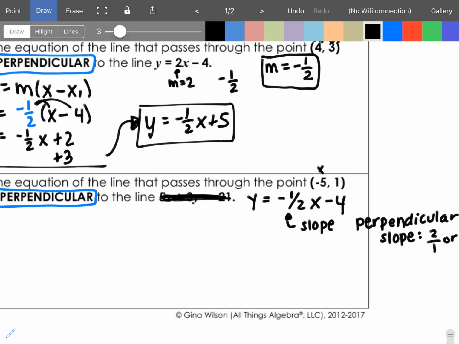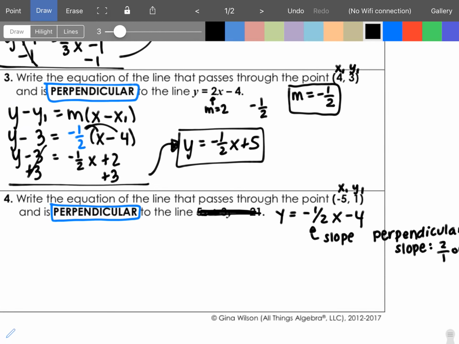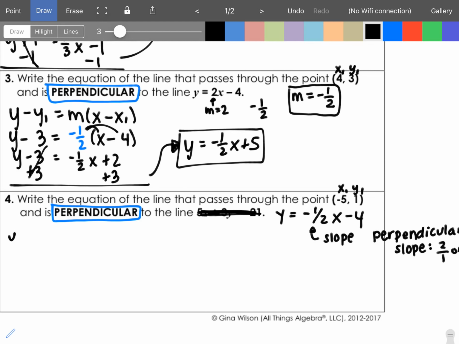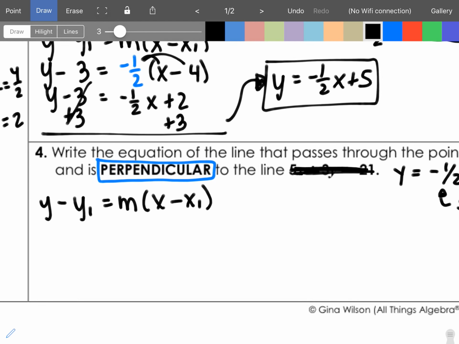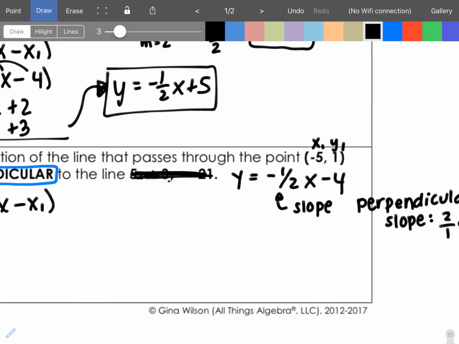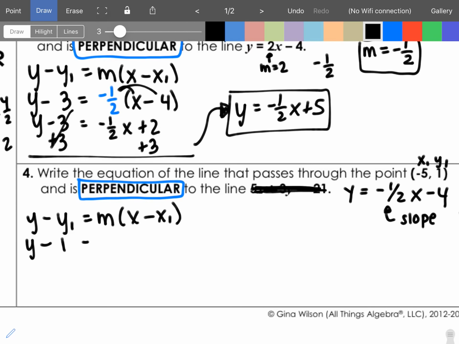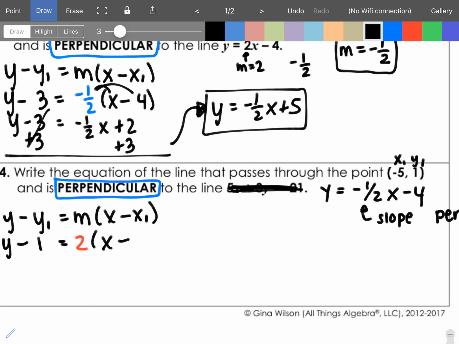And I'm going to still use this point, x1, y1. So y minus y1 equals m times x minus x1. I'm going to use my perpendicular slope, which is 2. And I'm going to use my point. So y minus, what's my y1? 1 equals, my new slope is 2 times x minus, and my x1 is -5.